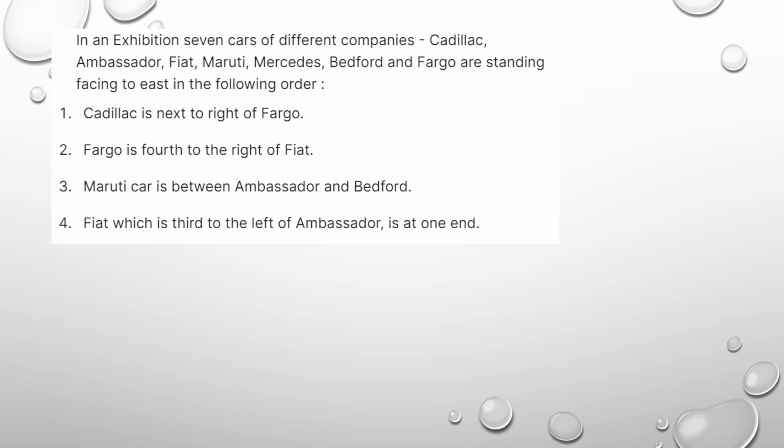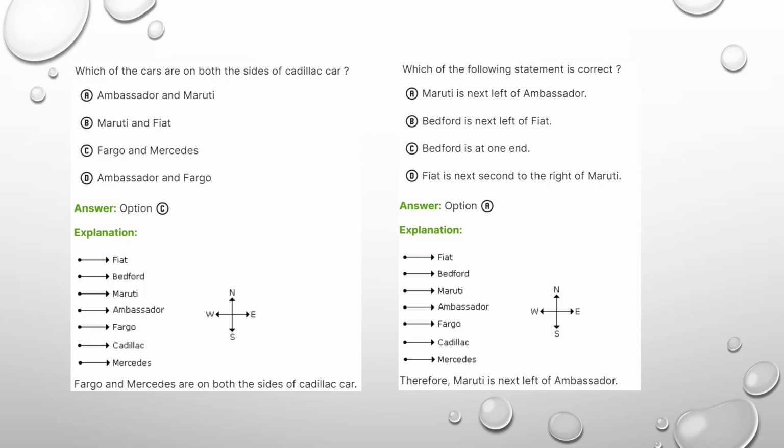So now instead of taking the clue from the first, second, third point, the fourth point describes that Fiat, which is third to the left of Ambassador, is at the one end. So you can fix your end first. Now after that you can proceed for the remaining clues and draft your chart which explains the total description.